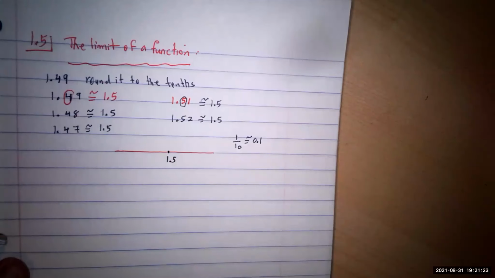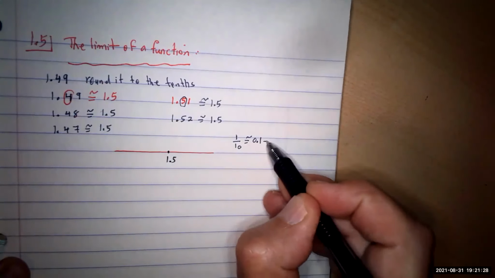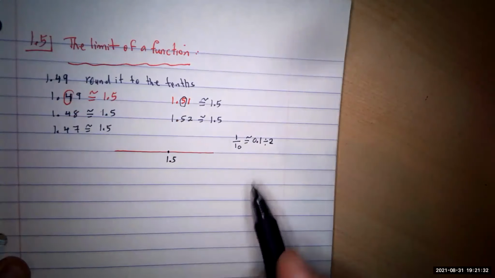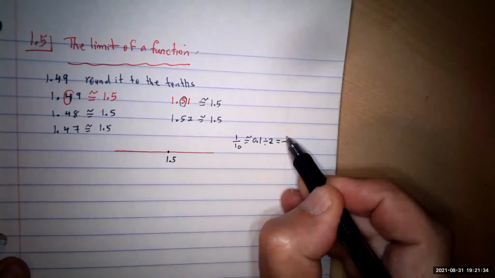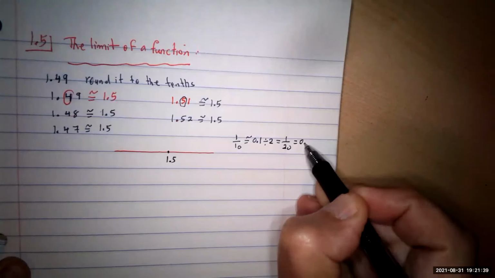The reason you do this is like dividing 0.1 by 2, which gives you 1/20, and if you multiply by 5, that gives you 0.05.